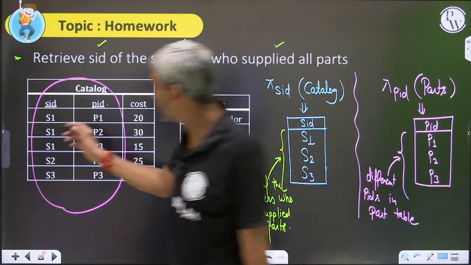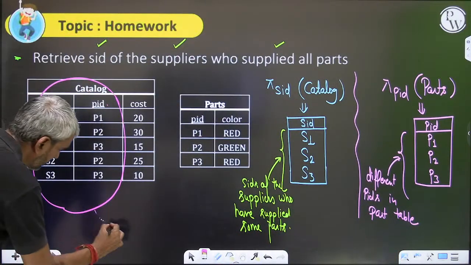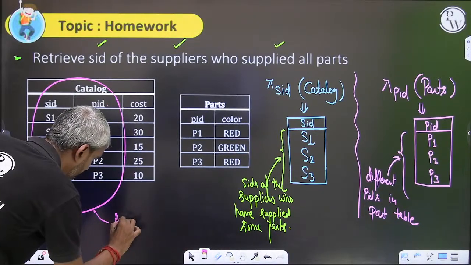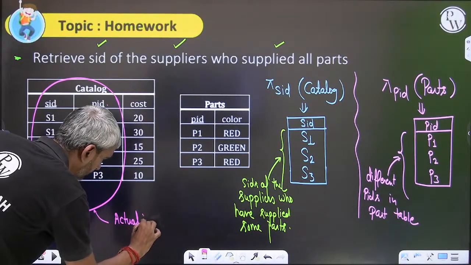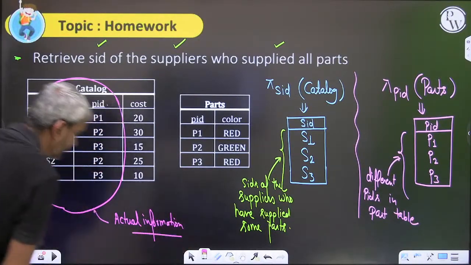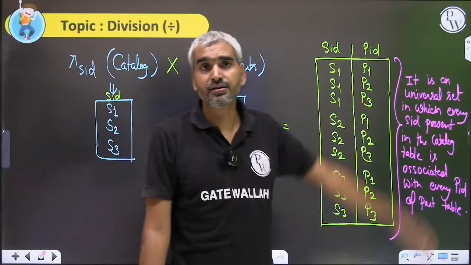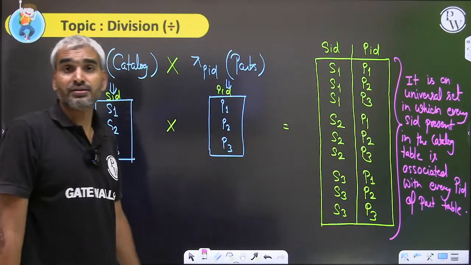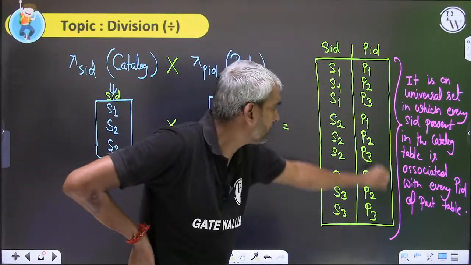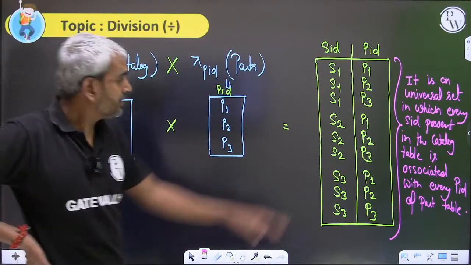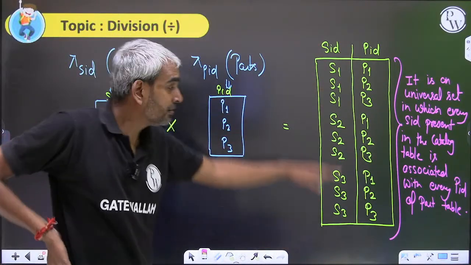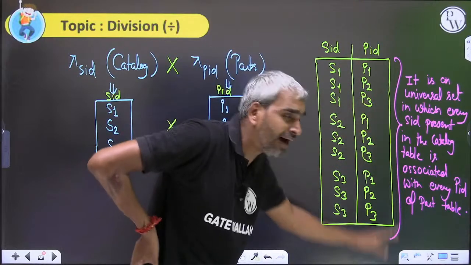So this is the actual information, and this is the universal set. Now what is happening in this universal set? In this universal set, every supplier is supplying every part. In this cross product, every supplier in the catalog table is supposed to be supplying every part of the part table.